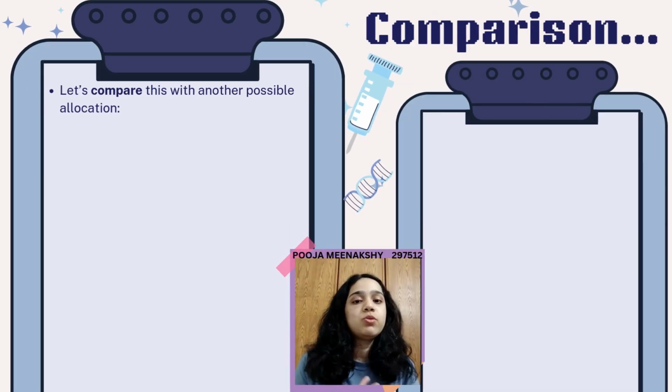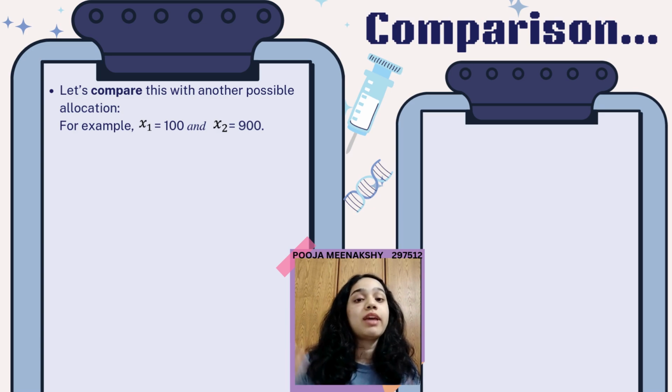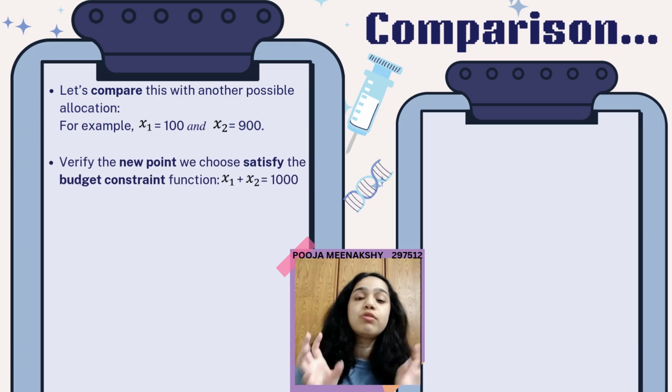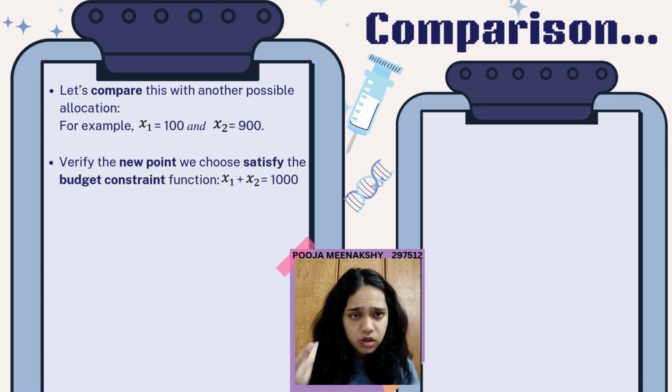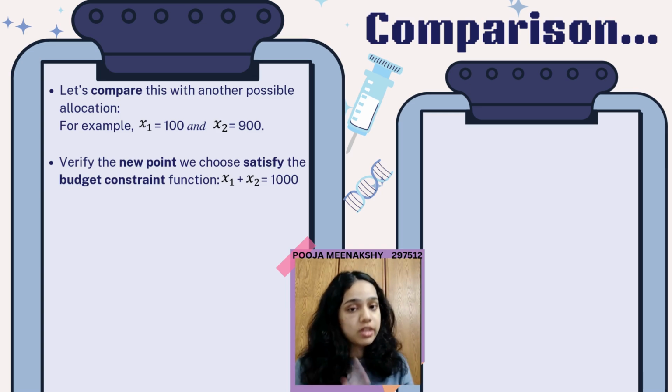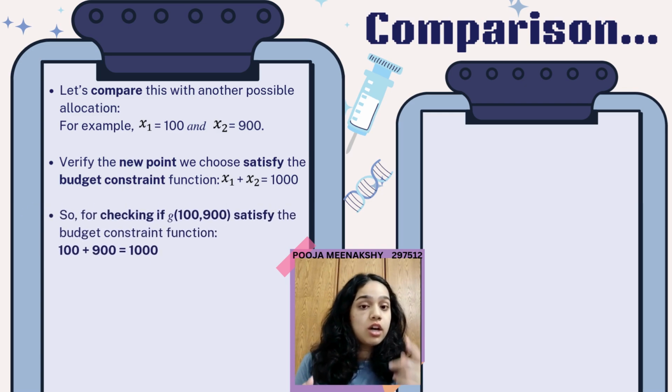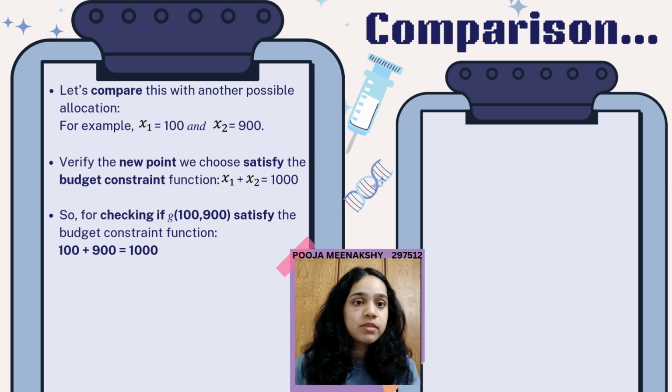And then we want to compare this with another possible allocation. For example, we can take x1 equivalent to 100 and x2 equal to 900. Before we substitute this point, we need to verify whether these new points satisfy the budget constraint function, which is x1 plus x2 equals 1000. When we check, g(100, 900) satisfies the budget constraint because 100 plus 900 equals 1000.